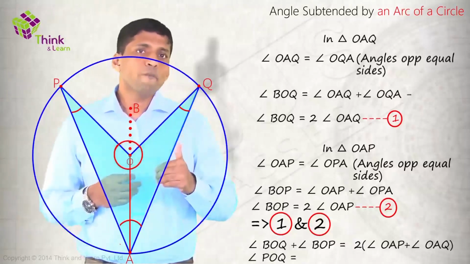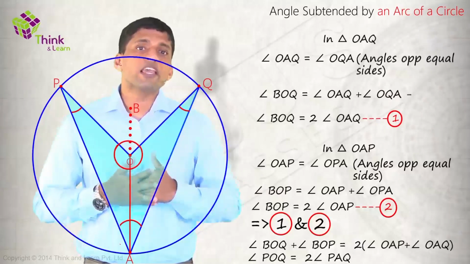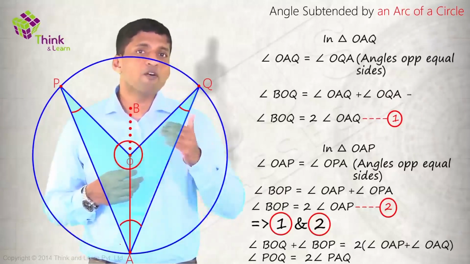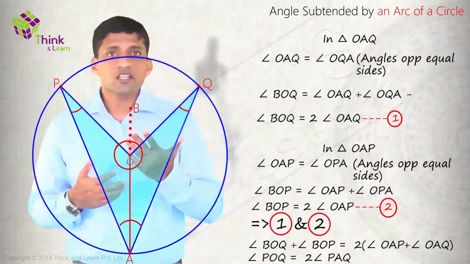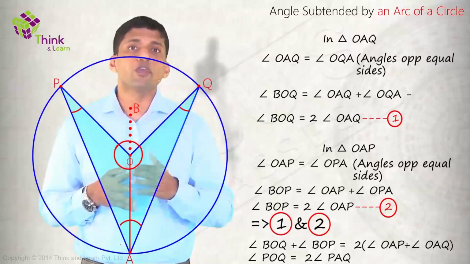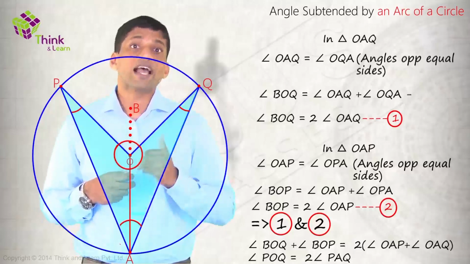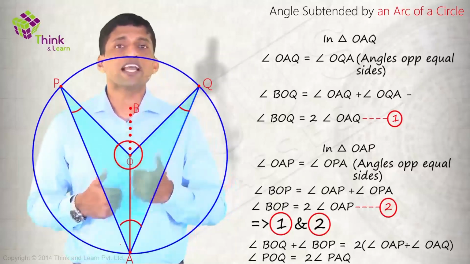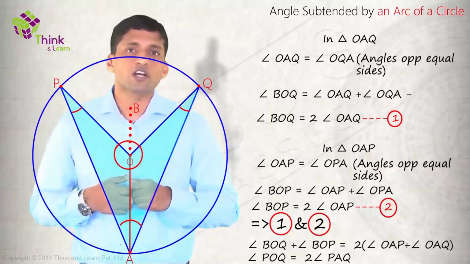That's equal to 2 times angle PAQ, because what is PAQ? PAQ is nothing but sum of angle OAP and angle OAQ. So thus, hence the theorem is proved. That is angle POQ, which is angle subtended at the center, is 2 times angle PAQ, which is the angle subtended at any point on the remaining part of the circle.